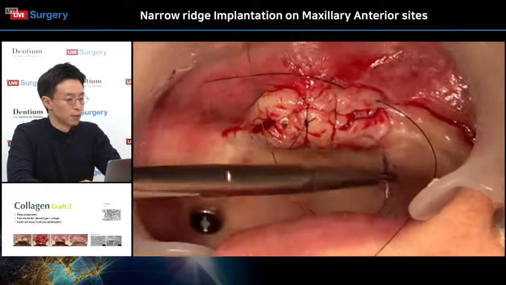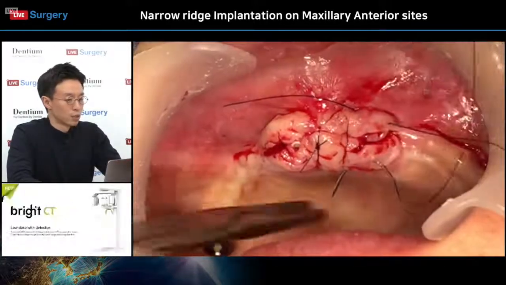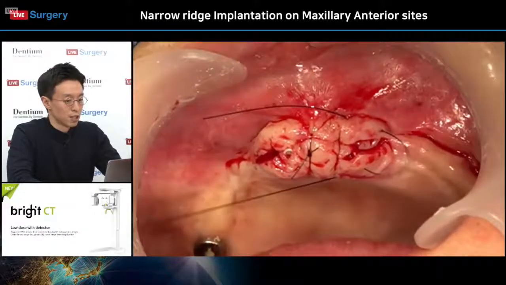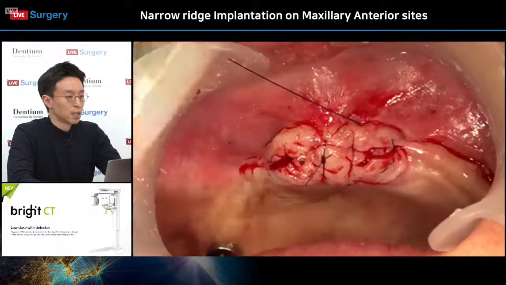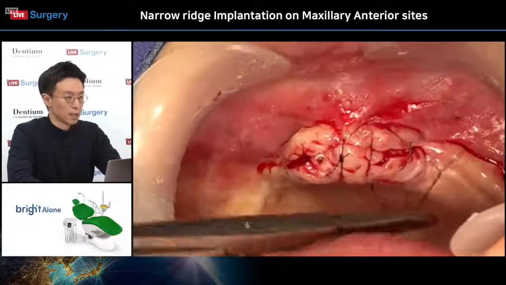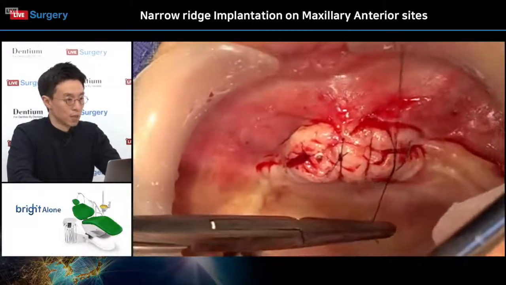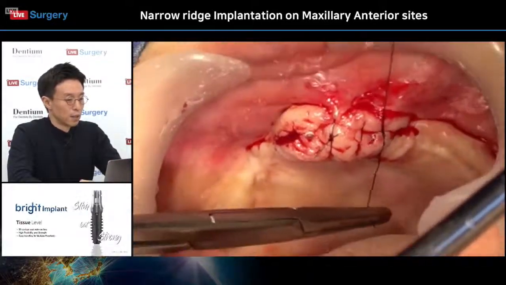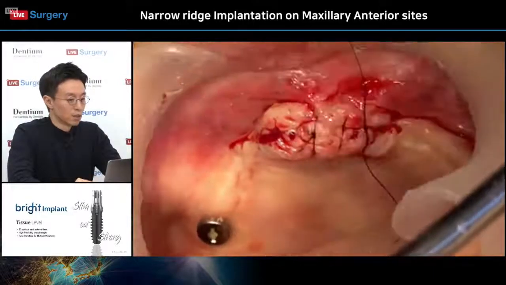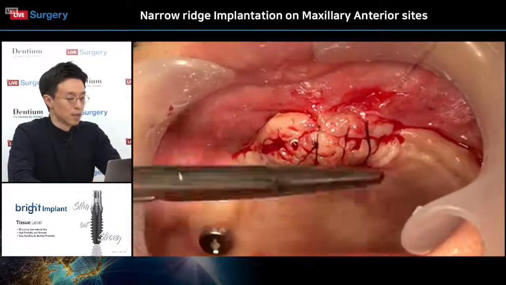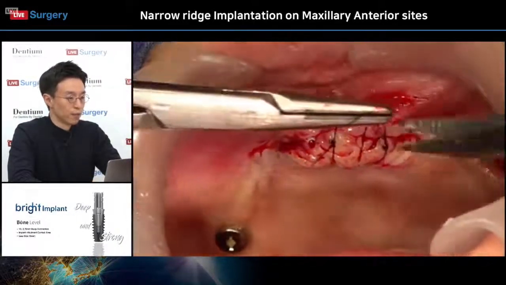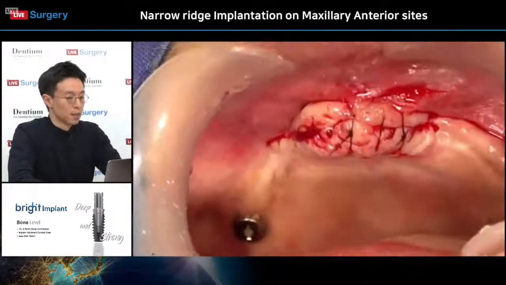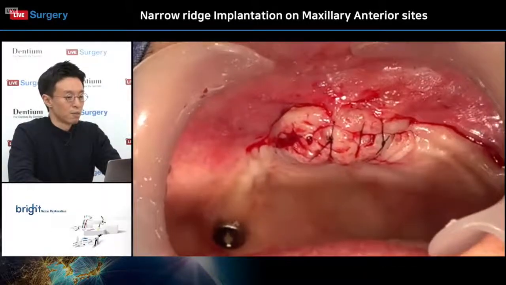If possible, I always try not to cut the attached gingiva. Just cut and rotate. I don't remove the attached gingiva. The soft tissue defect on the major or distal side of the implant will fill in via a secondary healing procedure.